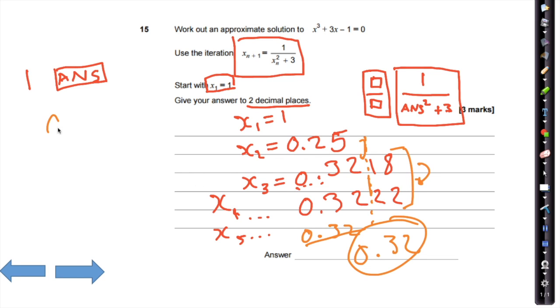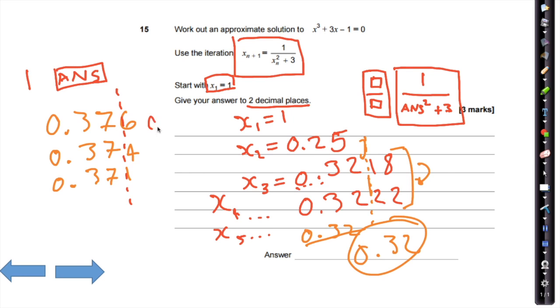If I had another example which was 0.376 and then 0.374 and then 0.371, I would have carried on until I found that if I rounded my numbers to 2 decimal places, they stayed the same.